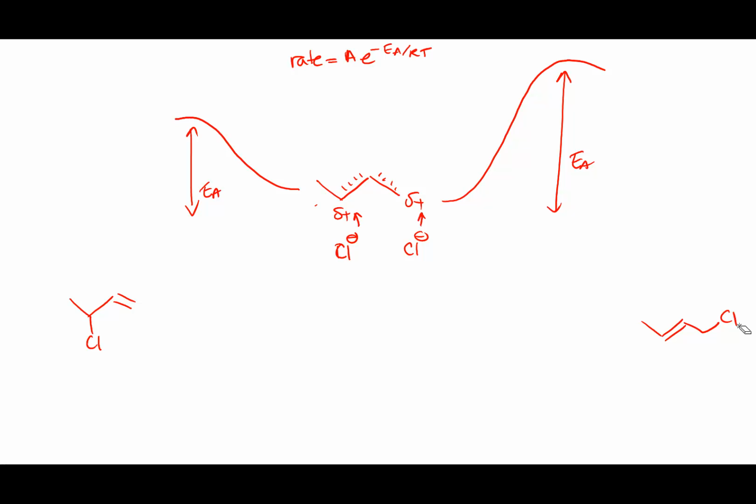So there's our low temperature: favor the product on the left. High temperature really would give me 50-50. That's not what happens. What happens is I completely reverse it and I make the product on the right the major product. So I'm missing something here.